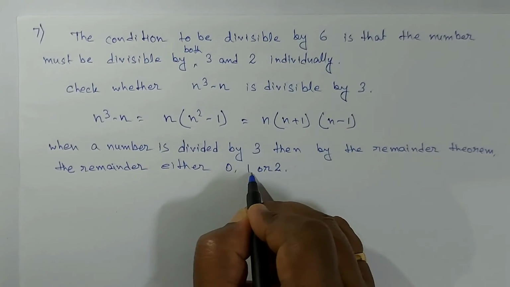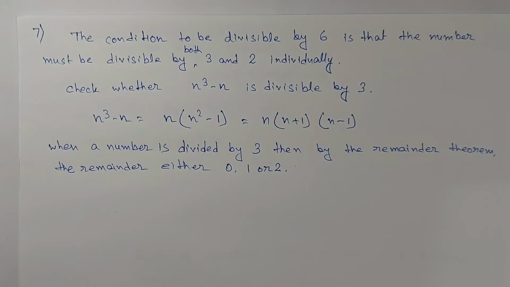Means either 0 or 1 or 2. Okay. Isn't it? If a number is divisible by 3, completely divisible, then the remainder is 0. Otherwise, if the number is not completely divisible by 3, then the remainder must be less than 3. That is, less than 3 means 1 or 2. Okay.